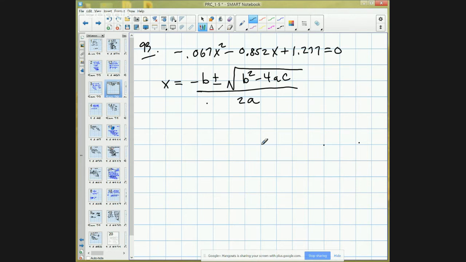A was negative 0.067. What is B? B is negative 0.852. And what is C? 1.277. Okay, so I'm not sure. Now I'm looking at my notes, I think I probably added a 0 somewhere. Yeah, that's probably what I did. Why don't you just double check, go through it, crank it out again, and then if we still need to talk about it, let's do that.